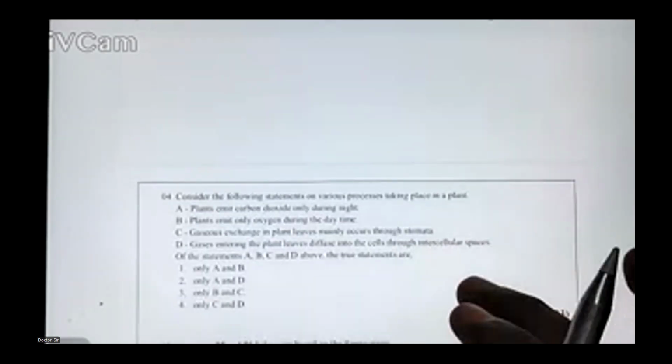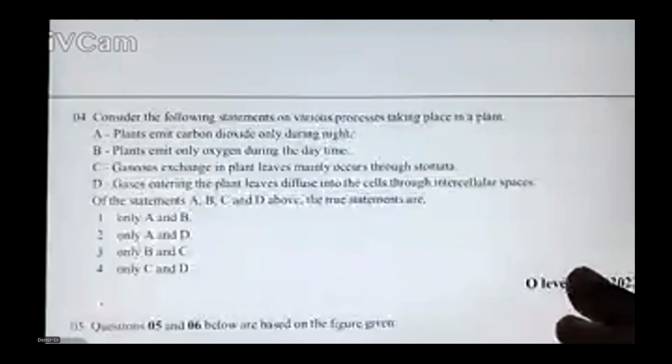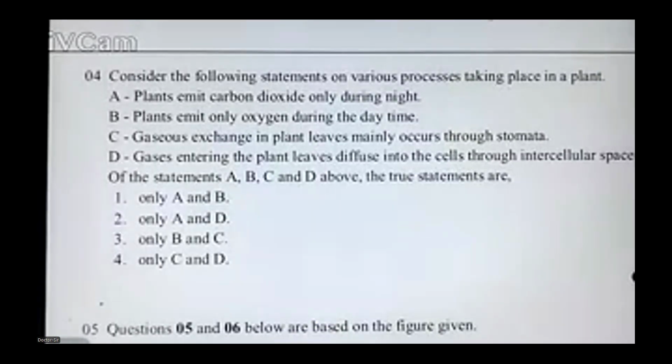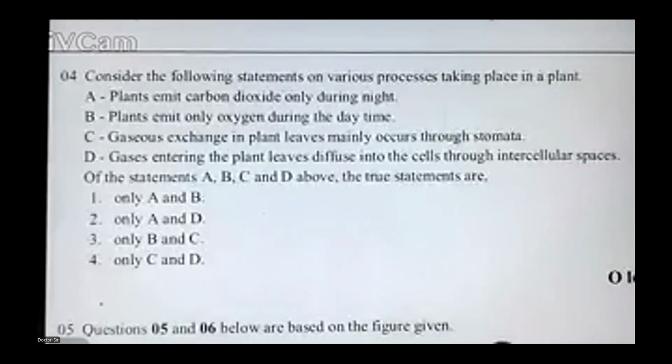Right? Okay. Then consider the following statement: various processes taking place in the plant. Now answer this question. Please send me the answers for this question. Consider the following statement. Okay, right.